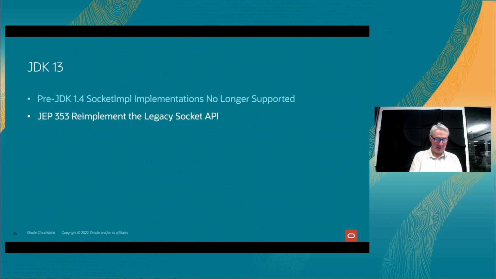As I mentioned before, in JDK 18, the ability to use the legacy implementation has since been removed. And just for reference, I'm not going to talk about it, but JDK 11 was the release where we introduced JEP 321, the new HTTP client API, with support for HTTP/2 as well as HTTP/1.1.